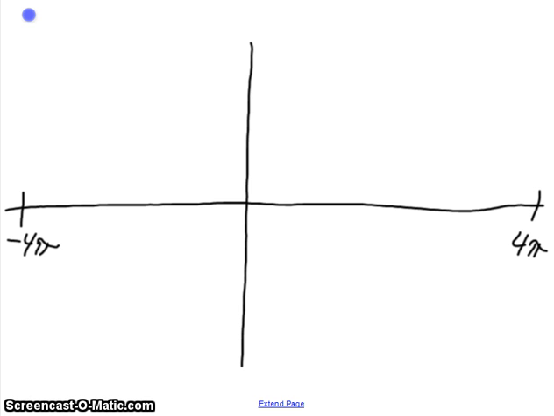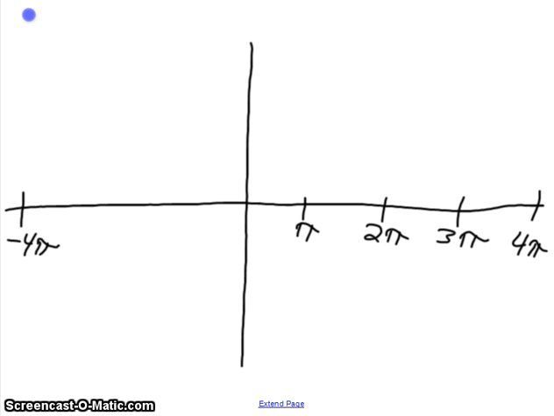And I want to split that interval up first in half. So halfway between 0 and 4 pi is 2 pi. And then halfway between 0 and 2 pi is pi. And then halfway between 2 pi and 4 pi is 3 pi. And then I'm going to split those intervals up in half again.